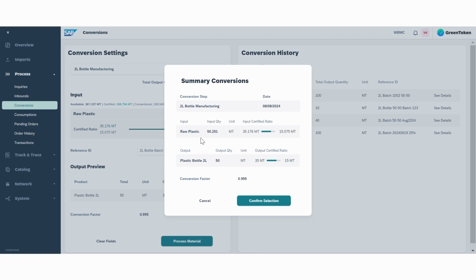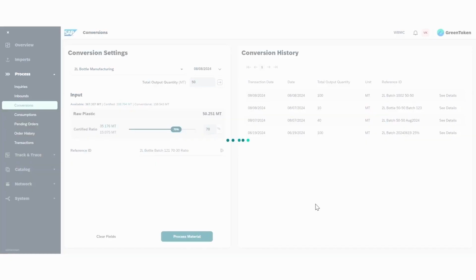So this step will convert 50 quantities of the raw material, out of which 35 is the certified quantity, into the 2-liter bottle product. And out of the output, we will have 35 metric tons of certified sustainable product and 15 metric tons of conventional. So let's confirm the selection and run the conversion.